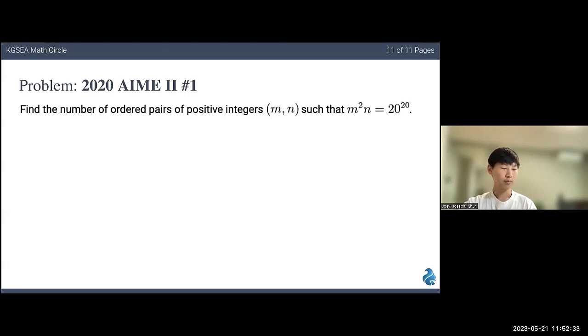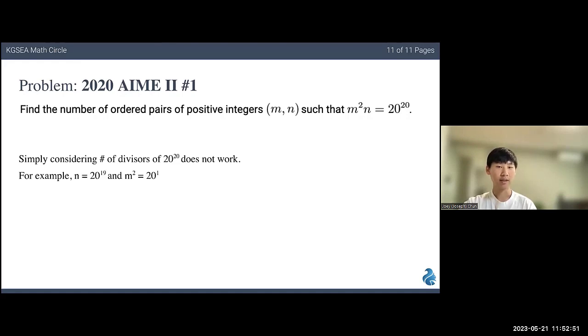Because if we try to prime factorize 20 to the power of 20, which equals 2 to the power of 40 times 5 to the power of 20, we can't directly say that the number of divisors of 20 to the power of 20 is the answer. Because, for example, let's say n equals 20 to the power of 19. That leaves m squared equals 20 to the power of 1, which obviously does not work because m has to be an irrational number. So m has to have a tighter constraint.